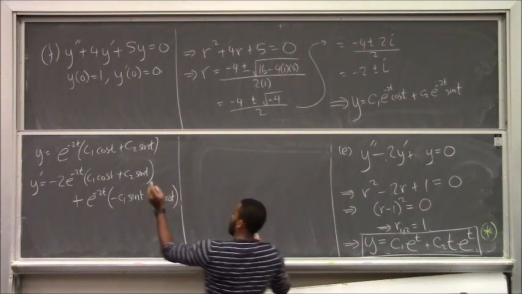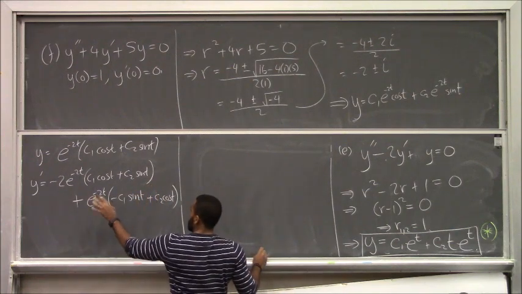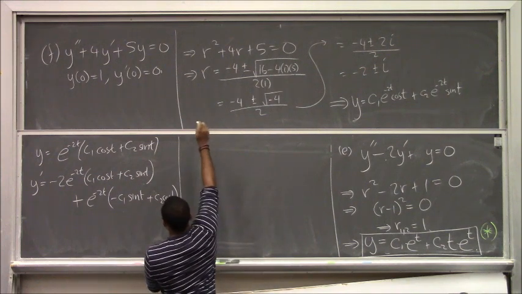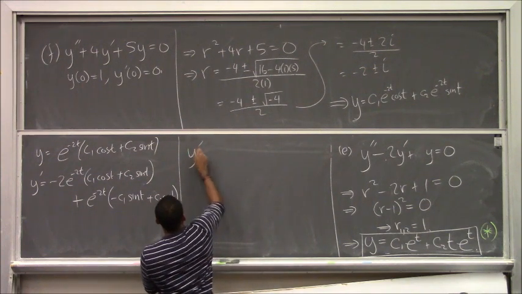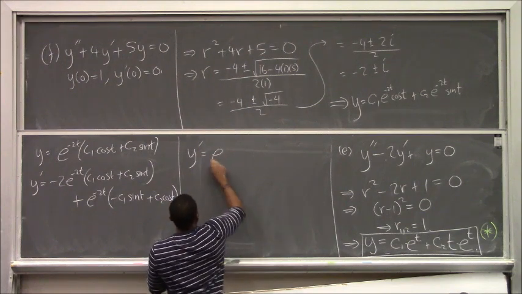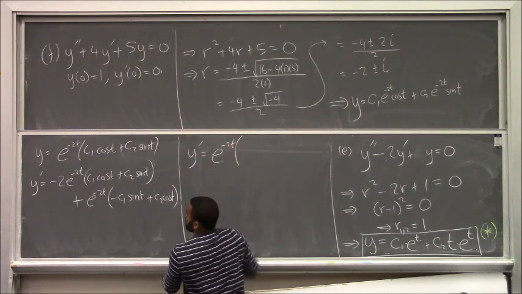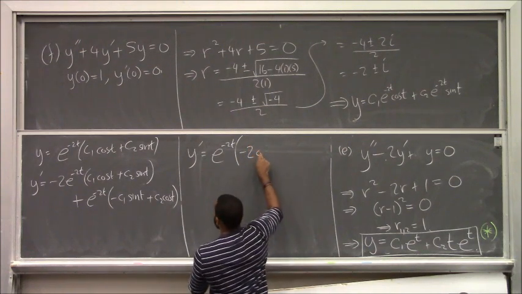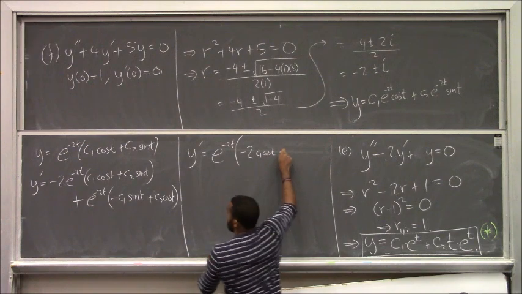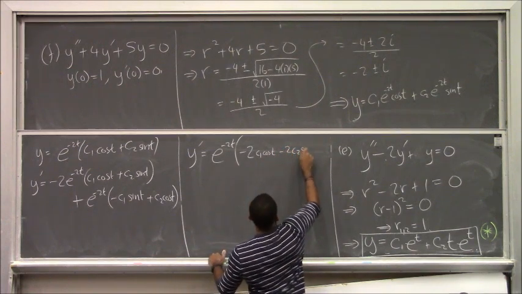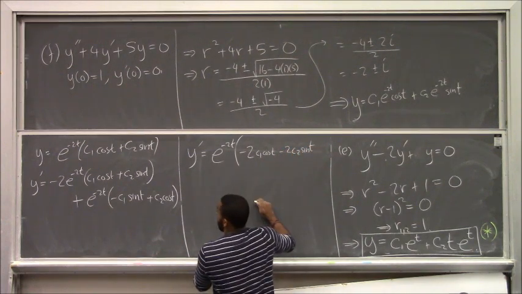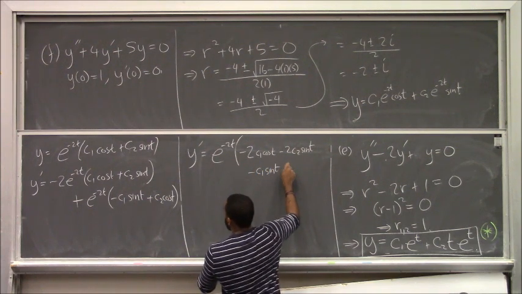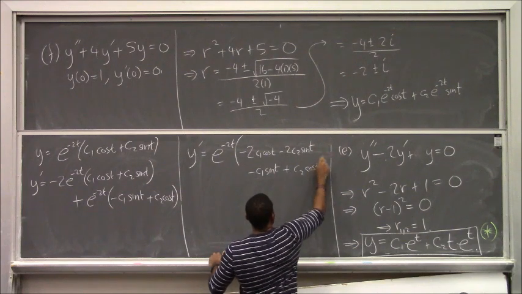Now, let's actually figure out what this is. Factor out e to the minus 2t. So I would have minus 2 c1 cosine t minus 2 c2 sine t minus c1 sine t plus c2 cosine t.